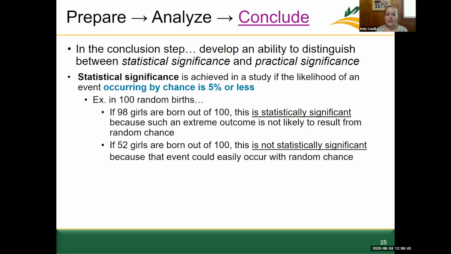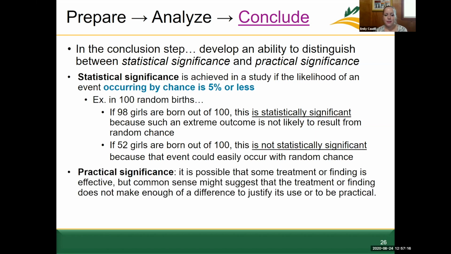Again, it is statistically significant if in a study, the likelihood of an event occurring by chance is so low. So would that happen normally, that 98 out of 100 girls are born and only 2 boys out of 100 were born as their assigned gender? That's pretty extreme, right? So that is statistically significant. However, 52 out of 100, okay, that makes sense just by chance.